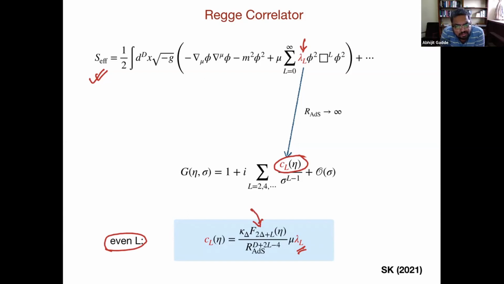Sorry, this prefactor in the eta going to zero limit, is it singular or not? No, it's non-singular. Actually it goes to zero. But the ratio of two C_L's, if you take the eta goes to zero limit, is something which is finite.